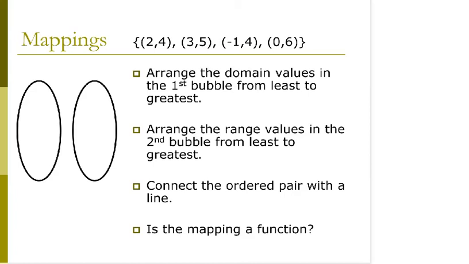So we know that the domain of this set would include 2, 3, -1, and 0. So the domain would be 2, 3, -1, and 0. And it says to put them in order. We don't have to, but let's just go ahead and do that in this case.